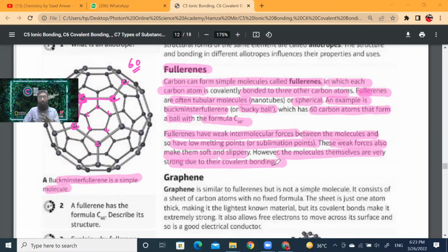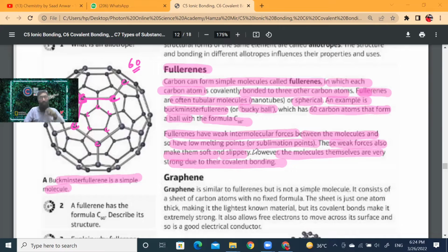Previously we discussed the concept of intermolecular forces and intramolecular forces. We know intermolecular forces are weak forces, while intramolecular forces are strong forces.